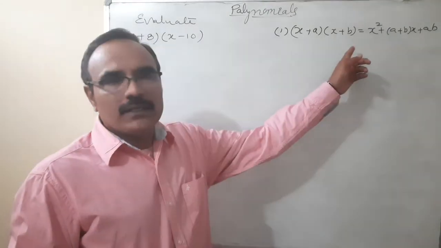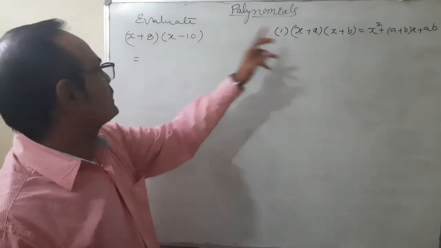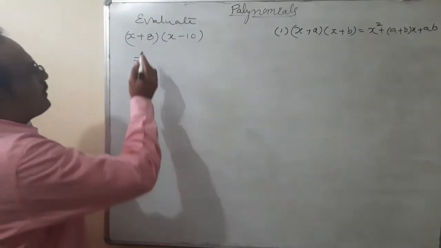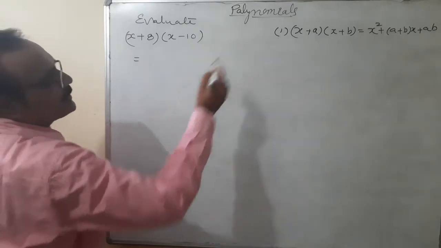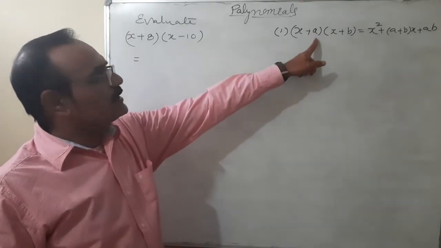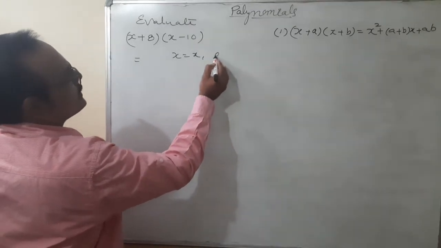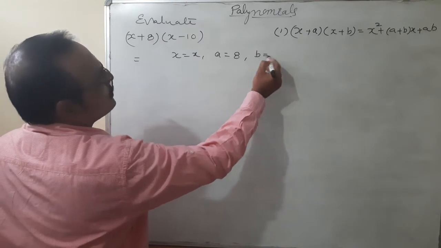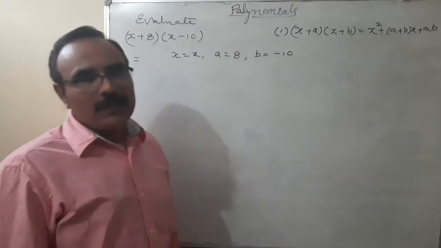Using this identity, because you can match the first bracket x plus 8, second this is x plus a, x minus 10, it is x plus b. Okay. So when I am going to expand it, simply x is equal to x, no change in it. But here, x is equal to x, a is equal to 8 and b is equal to minus 10.